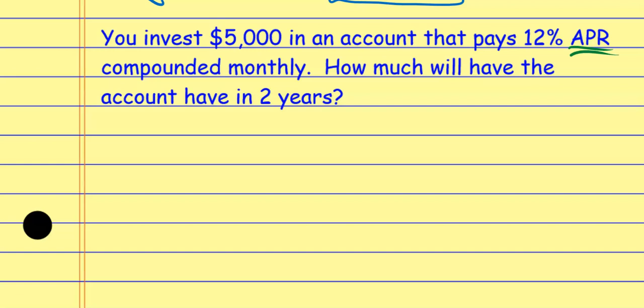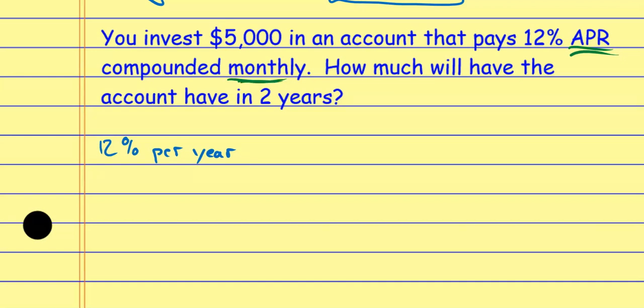All right. So as I start to think about this, let's make all the units match. 12%, and that's per year. The compounded is monthly. And as a general rule, it's always easiest to go to the smallest unit of measurement. And so here we have years and we have months. The smaller unit is months. Okay.